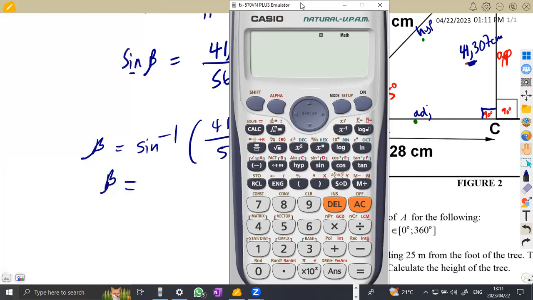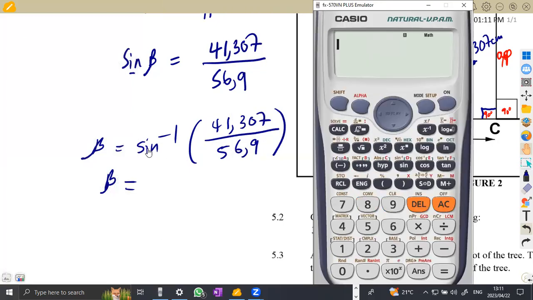With this R, we now need to simplify the value using shift sine, that is arc sine. You insert the values, and your answer is going to be given in radians directly. So this is 41.307 over 56.9. So this is your arc sine in radians, which is 0.81246 and so forth.